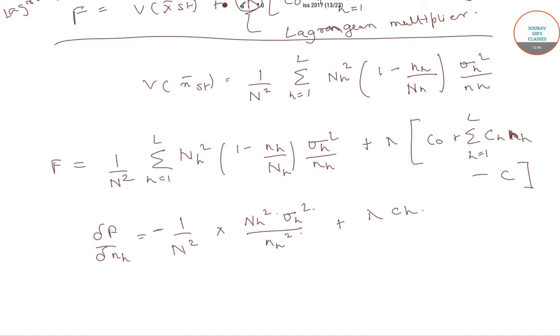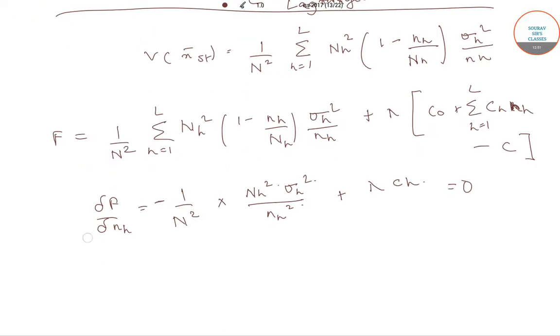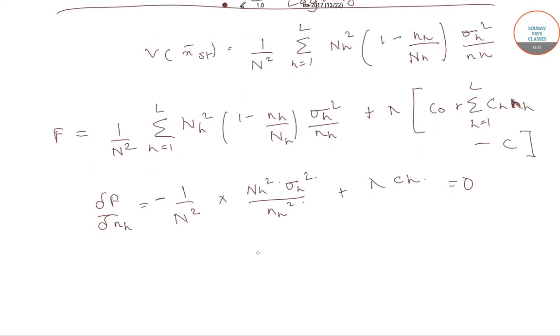Now when we equate this to 0, it would imply that nh is equal to 1 by root lambda into capital N into capital Nh into sigma h divided by root over ch.